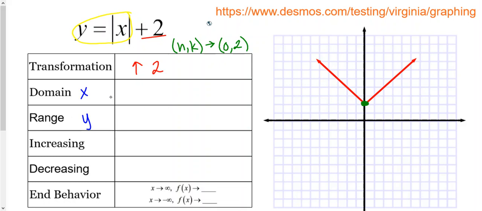So first let's talk about domain, all of the possible x values. Now remember, if I keep going to the left, negative infinity is all the way to the left, and all the way to the right is positive infinity. So domain is asking, how far left and how far right does this graph go?